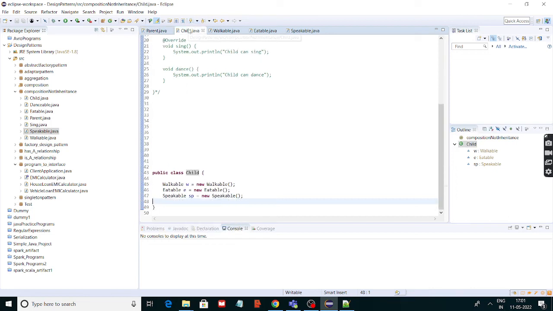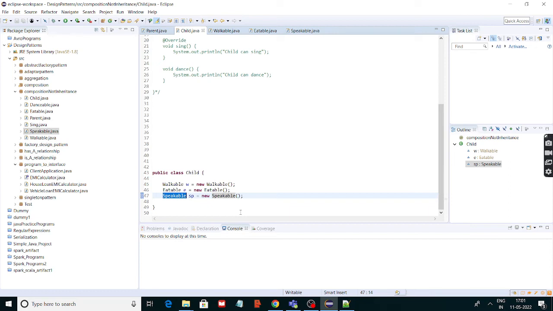Similarly, here the child also is not inheriting the parent. It independently acquired these three properties. The child can walk, the child can eat, the child can speak. The child hasn't acquired these properties just because the parent has acquired them.